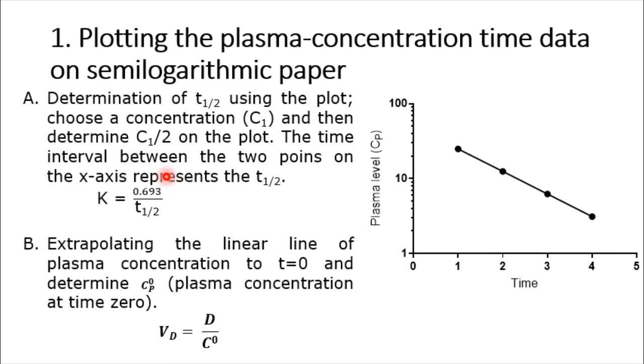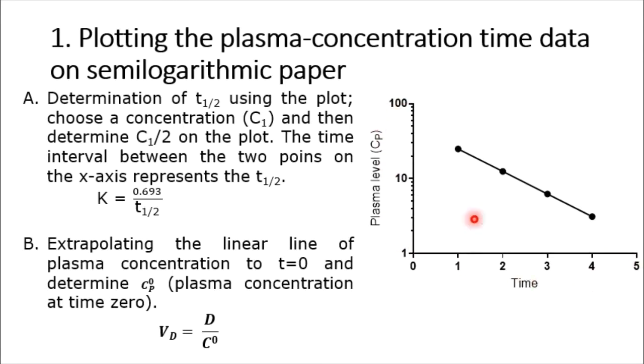And then we can simply calculate the elimination rate constant from the half-life. So this is the semilog paper. You should remember that the y-axis represents plasma concentrations in logarithmic scale, and the time is on the x-axis.